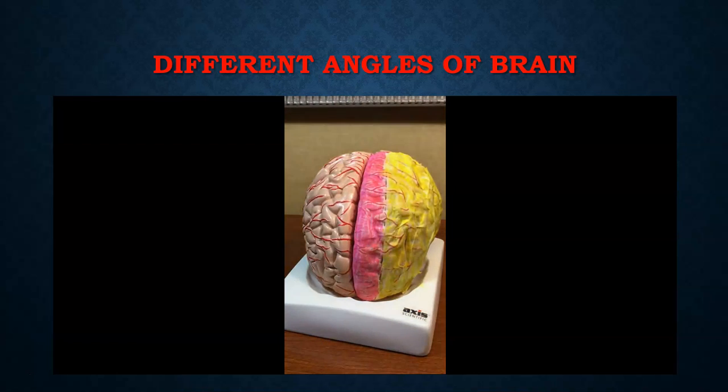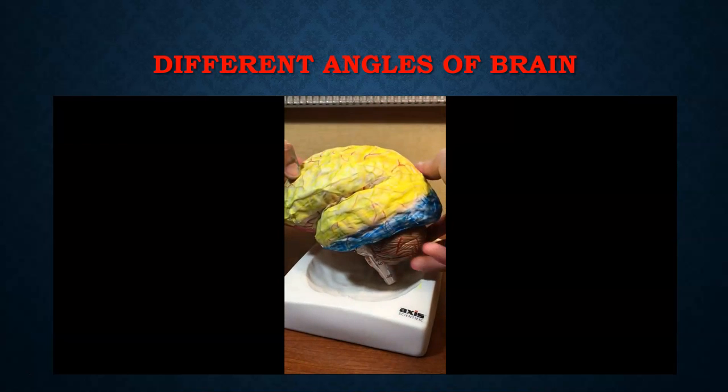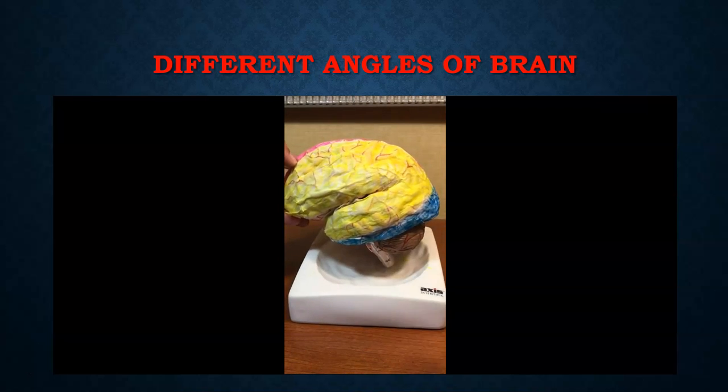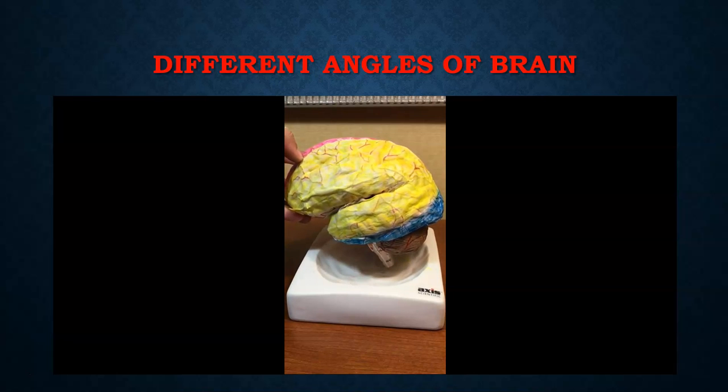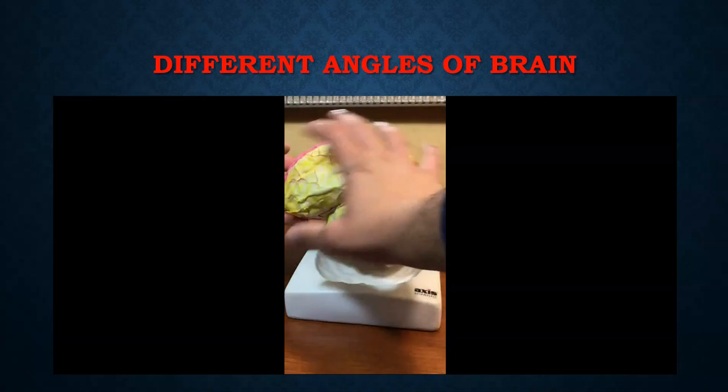If I turn this skull to the left or right side, this is the lateral view. If you're looking at a person from the right side, this will show you the lateral side of the brain.